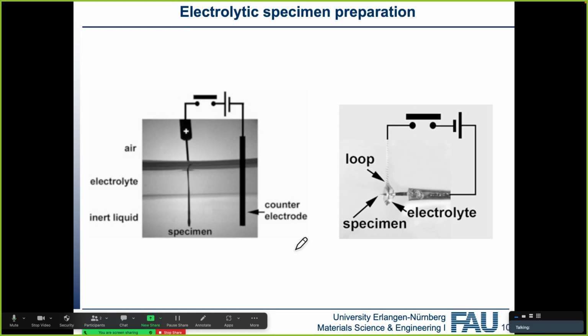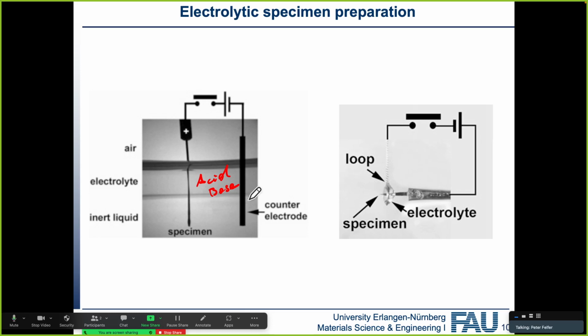Okay, so specimen preparation, very simple, electrolytic specimen preparation for specimens like the ones you saw up there. There's essentially two techniques there, or three. You can just put a wire into an acid, and typically we do that in electropolishing, not in chemical polishing, so that we have some control over the removal, so you can switch the removal on and off. Typically we take the wire and dip it into the acid, or it can be a base.